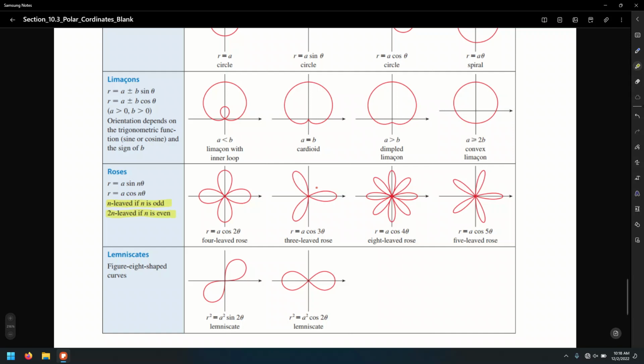For example, notice this cosine 2 theta has 4 petals. This cosine 4 theta has 4 times 2, that's 8, and 5 in this case is an odd number, so that remains whatever number it is.